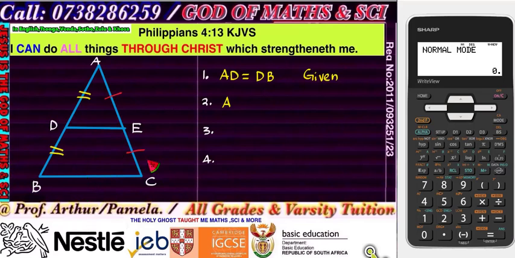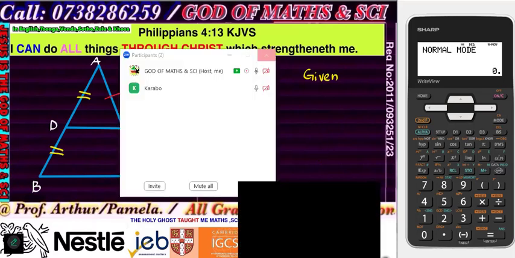Just guess one. How about parallel? BC is parallel to DE. Yeah, it must be parallel to that other one there.